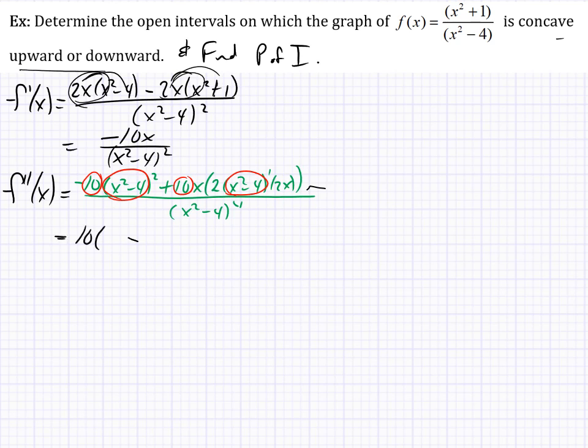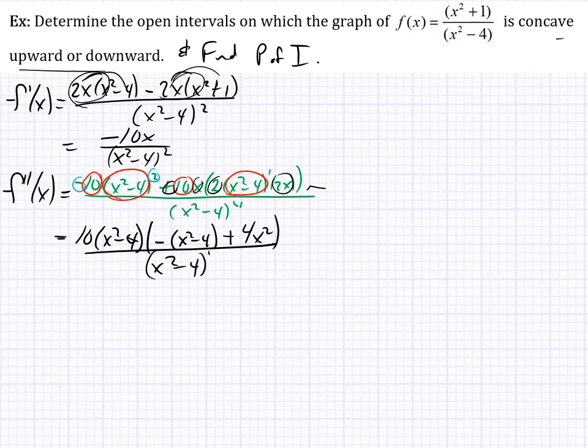So you have 10 times x squared minus 4, and we would be left with this negative and another x squared minus 4. So negative x squared minus 4 plus, we're going to have this x, this 2, and this 2x. So that's going to give us plus 4x squared all over x squared minus 4 to the fourth.